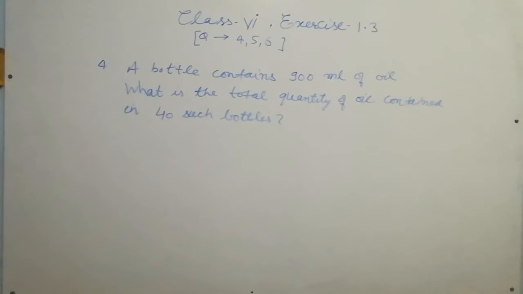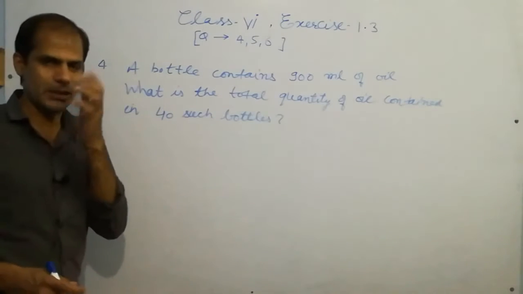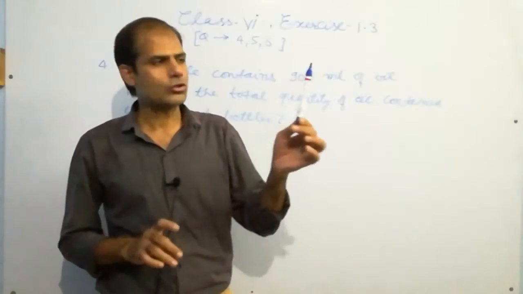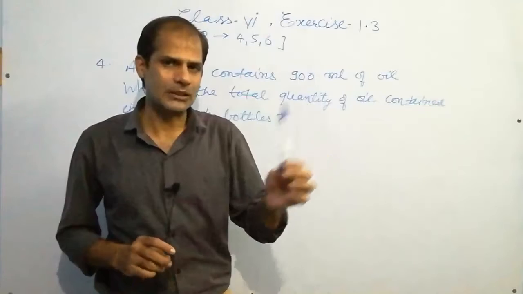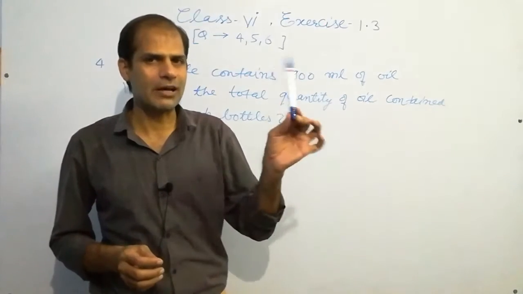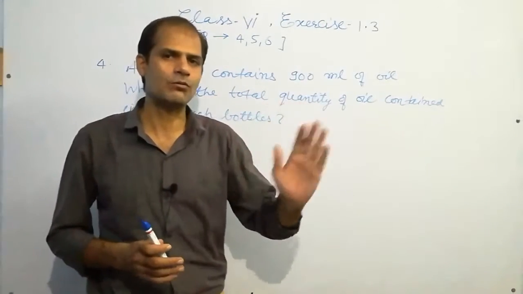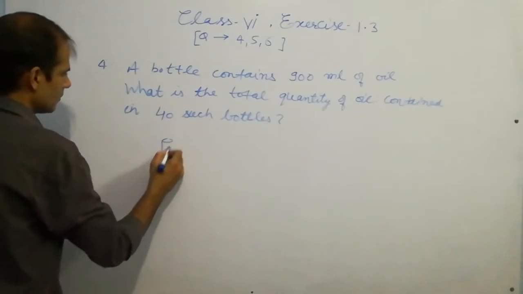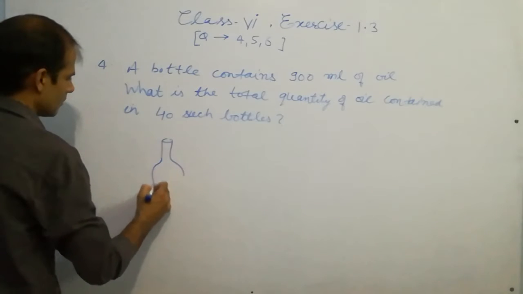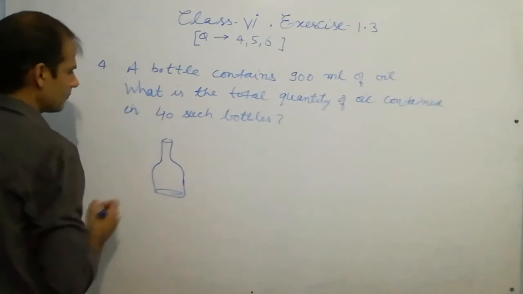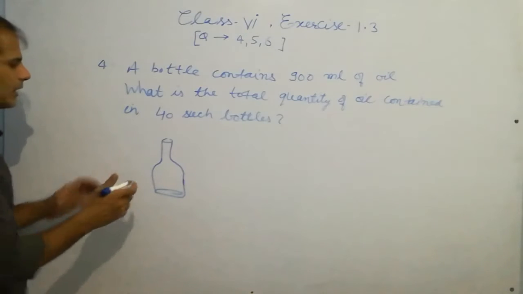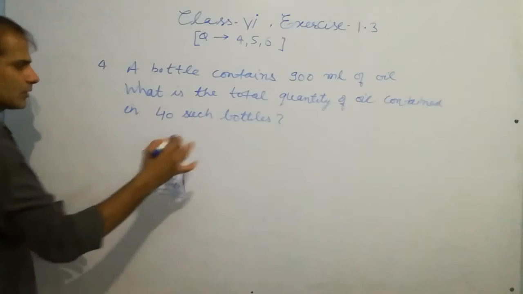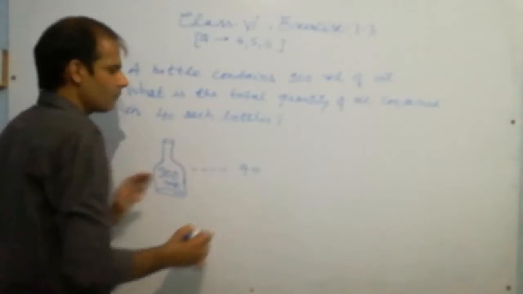Okay, so this question is all about multiplication. Why? Suppose I ask you, cost of one marker is 30 rupees. What is the cost of 5 markers? That will be 30 into 5. It means a bottle contains 900 ml, and there are 40 such bottles.